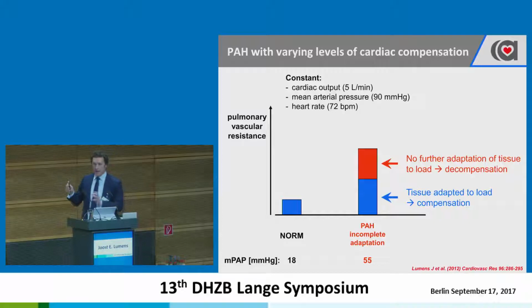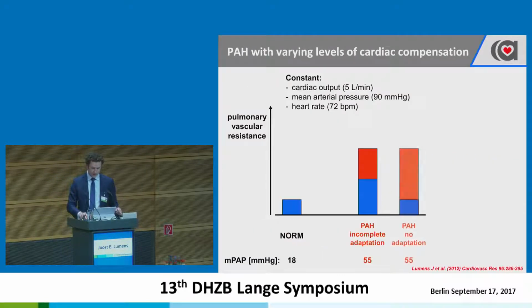And then I stop the adaptation in the model, so the model is allowed to hypertrophy and dilate. But then I stop and I increase the pulmonary vascular resistance a bit more, so that you end up with a situation where the heart is not entirely adapted to that level of pressure overload.